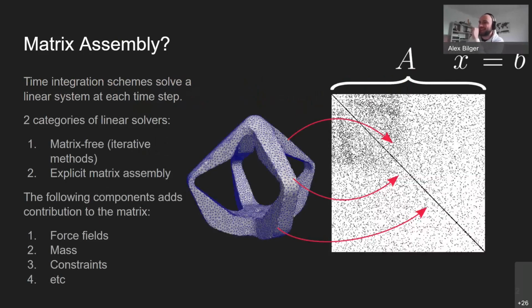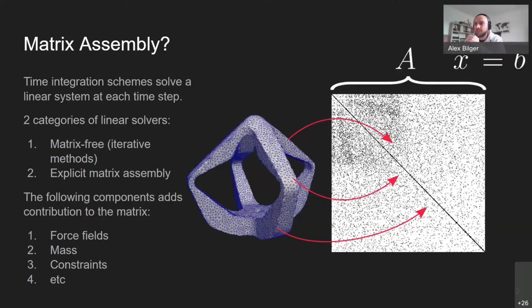Yep. Okay, just a brief introduction on what matrix assembly is. When you use a time integration scheme, you build a linear system at each time step, and you need to solve it. So you have two kinds of linear solver for that. One type is matrix-free, usually iterative methods such as the conjugate gradient, and you also have matrix-based linear solvers.